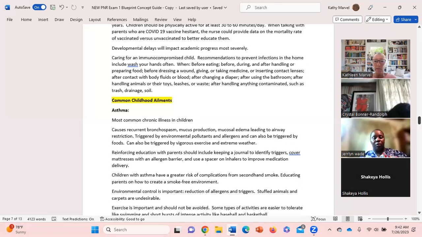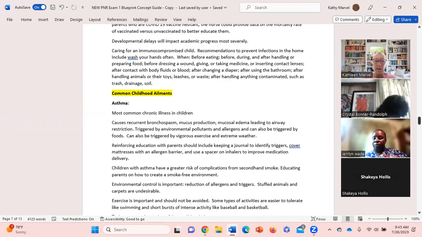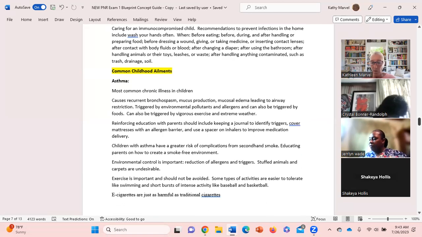I'm not going to go through this section, but there's a couple of questions on the exam about each of these. I have taken your notes from week 2, because it's pretty long, about the common childhood ailments, and I have summarized each of them into about 6 or 7 bullet points for each one.